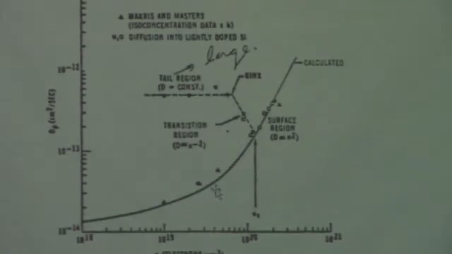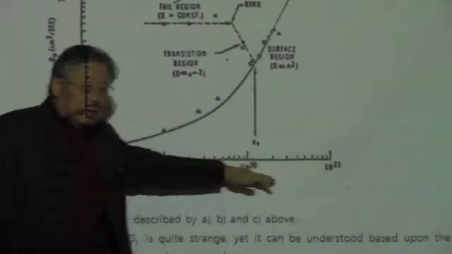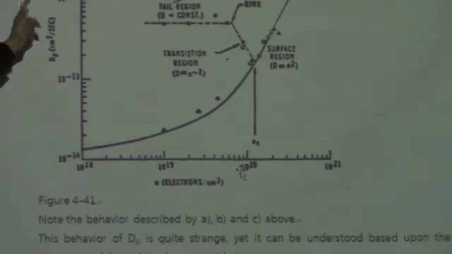This is another plot which has a diffusion coefficient, and this is the electron concentration. This is just the other way around to look at the phosphorus diffusion profile that I've shown you just before this slide, right? Figure 4-40.